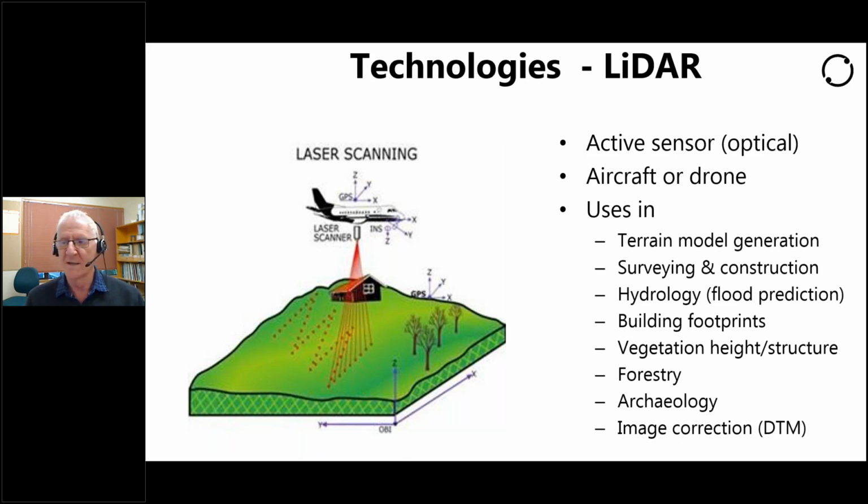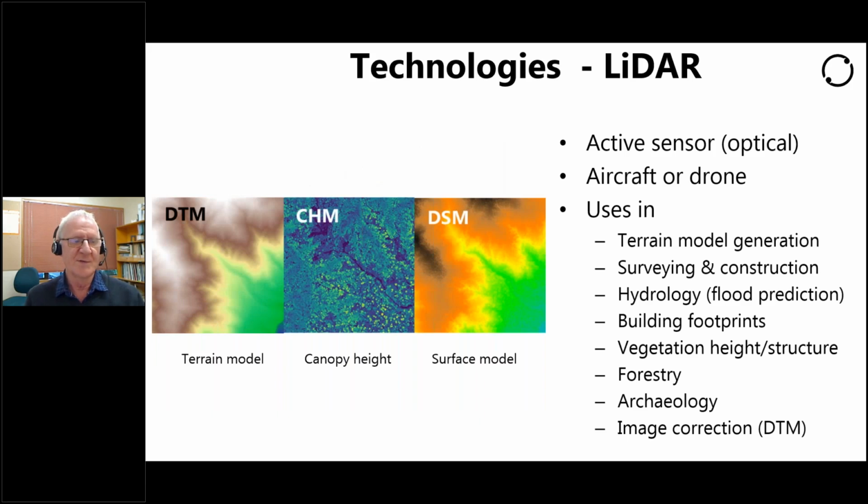And from that, you can derive things like digital terrain models, a canopy height model, that is how high the vegetation is above ground level, and a digital surface model.